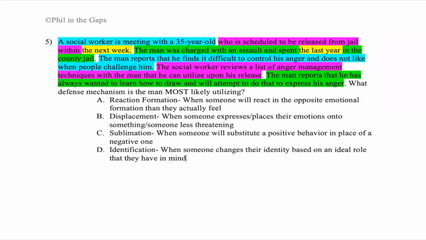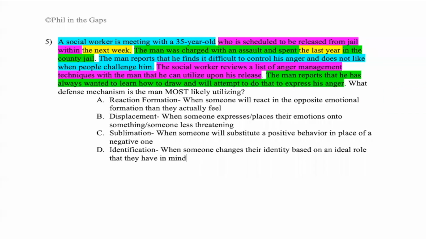So let's look back at the question to see what we're looking at in particular. So quick review, social worker, 35-year-old. So that's who we are, where we're at. The 35-year-old is scheduled to be released from jail within the next week. The man was charged with an assault and spent the last year in the county jail.